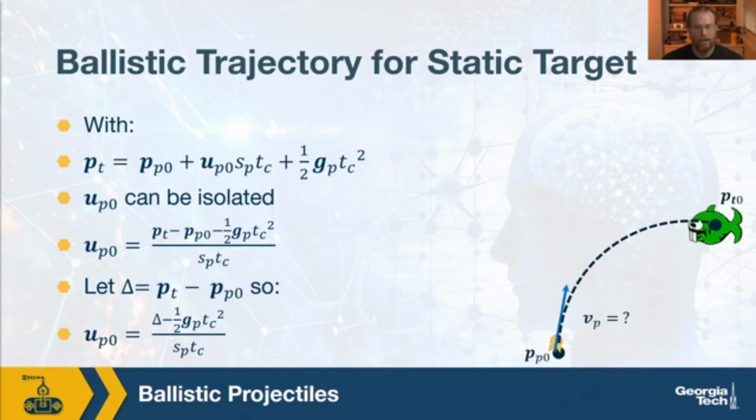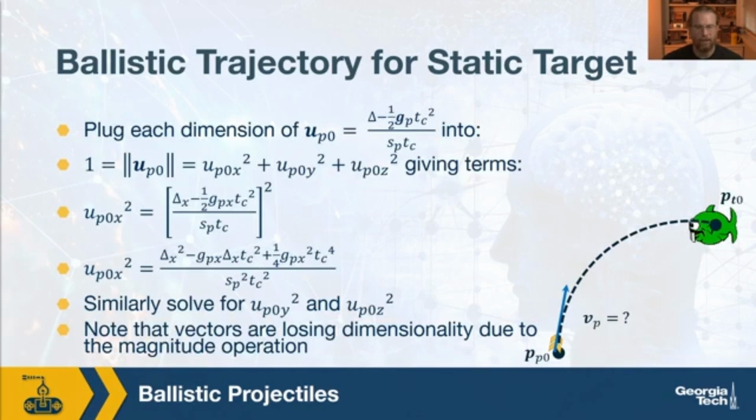So we can substitute for that relative position vector. So the p sub t minus p sub p, which again is the target position minus the initial projectile position, gives us the delta, and that just cleans up our equation a little bit. That will help us in the future here.